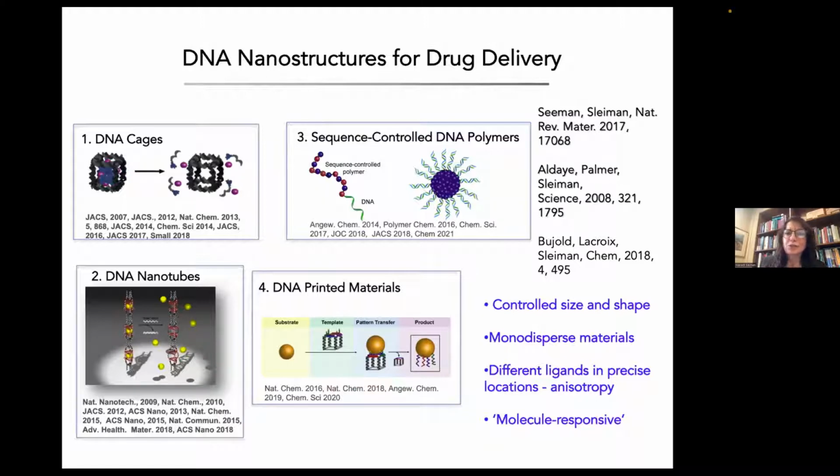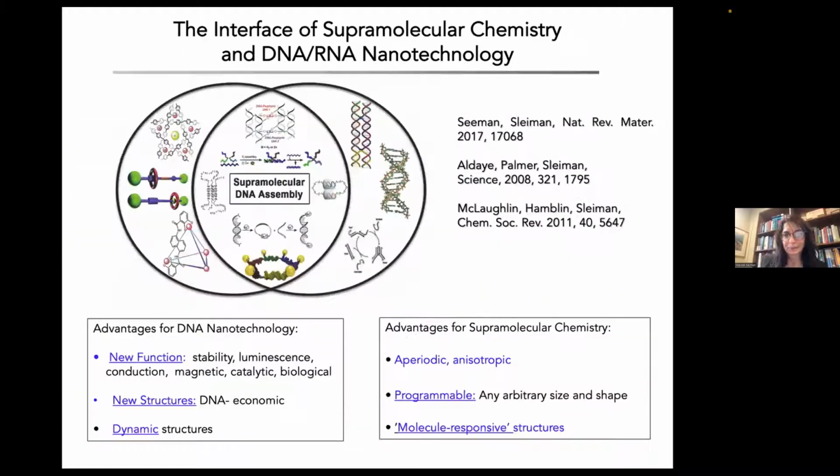Now, as I'm hoping to show you today, unlike many of the other nanomaterials, DNA nanostructures can be made with deliberate variation of size, geometry, stiffness, flexibility, and they are made as monodisperse materials with a single molecular weight. They can be used to position molecules in any kind of presentation that we need in order to target specific receptors on cells. So very precise size and shape control is what I'm hoping to show you today.